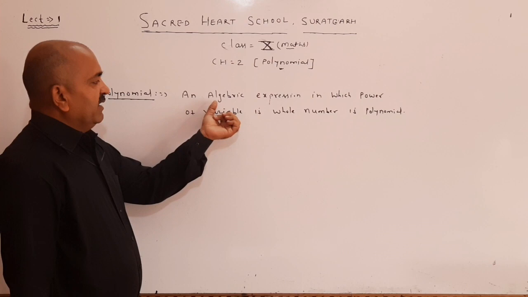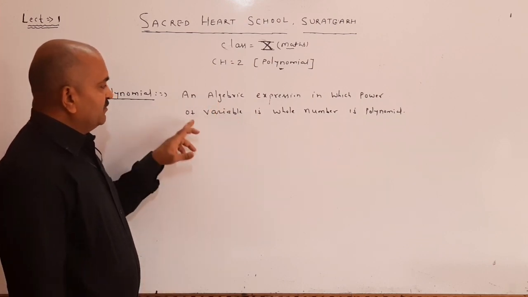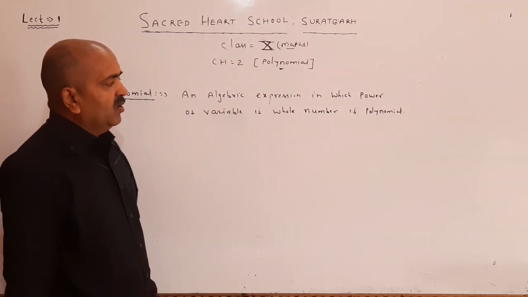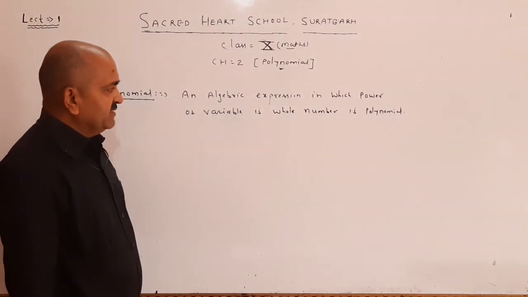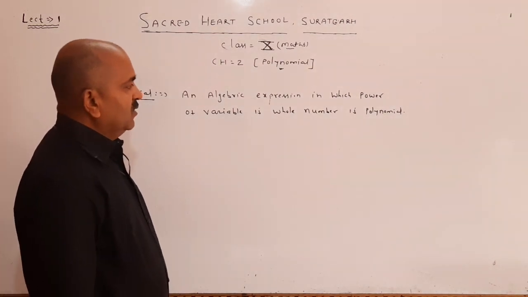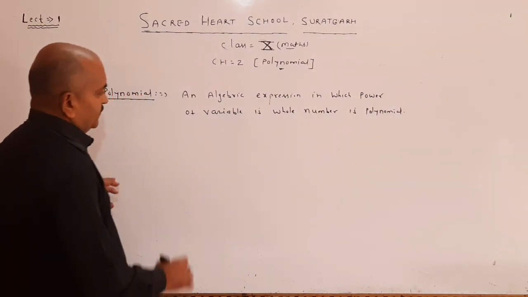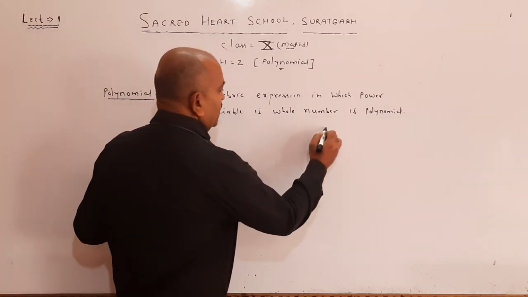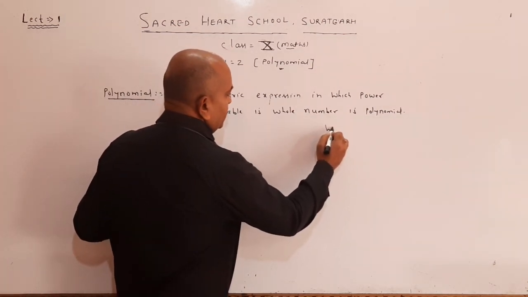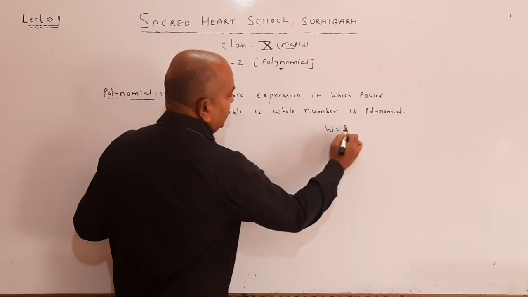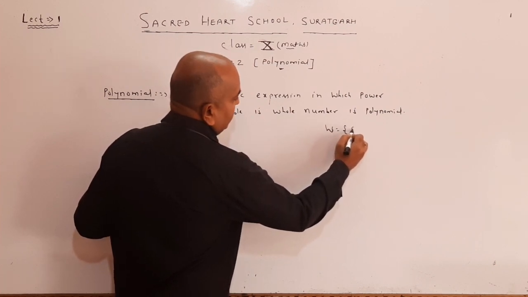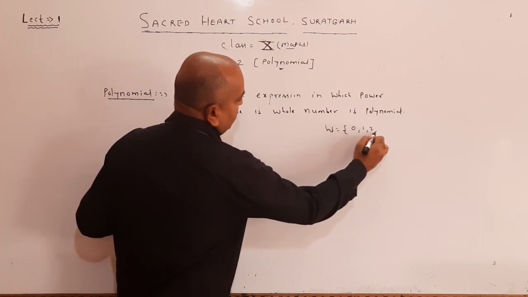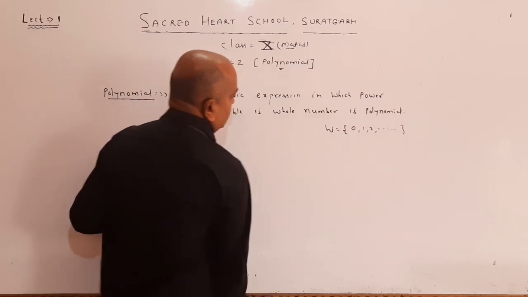Do you know what is the meaning of whole number? Whole numbers are denoted by W, starting from 0 and there is no end point.